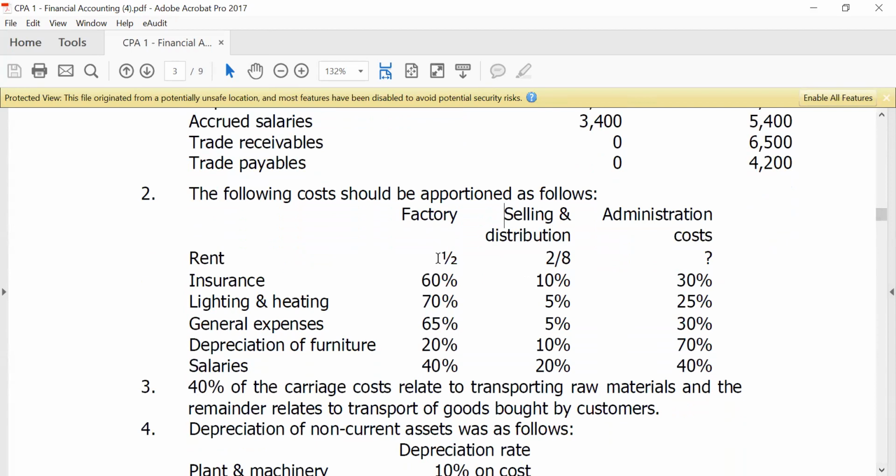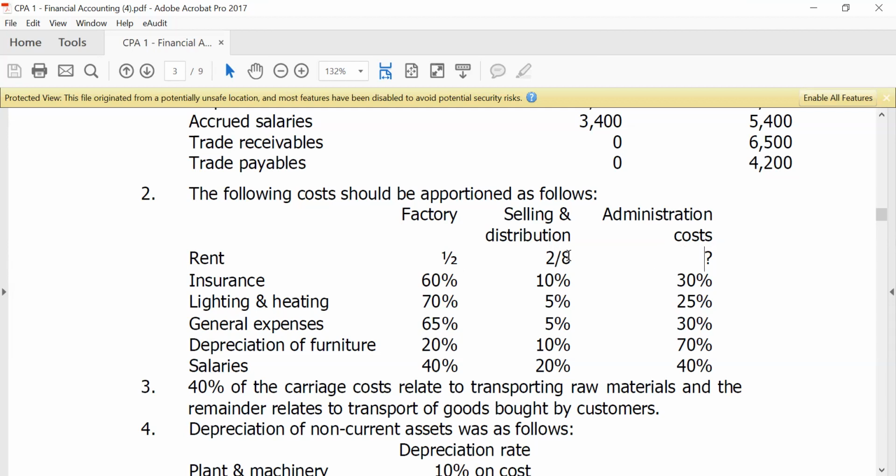But wherever you have a 1/2 and then a 2/8 and they are putting a question mark, all you have to know is that when you add these, it should give you 1. Because these are ratios, a half plus 2/8 plus this should give you 1.